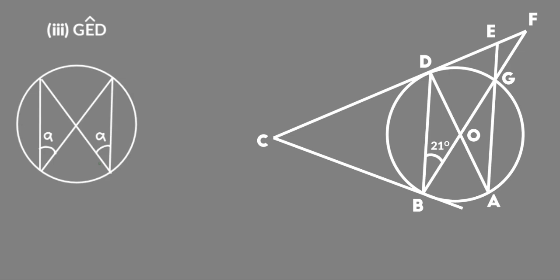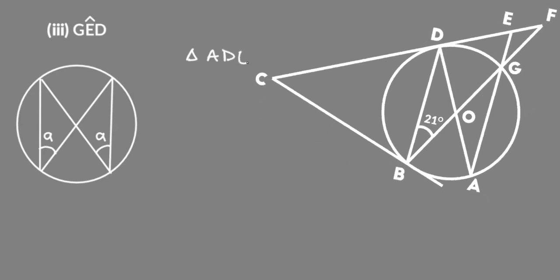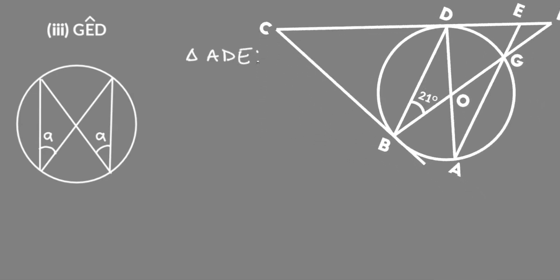So after we note that this is equal to 21 degrees, we're going to be using triangle DAE, or ADE to make it sound a bit better. So we're going to be using triangle ADE. If you look at triangle ADE, it looks something like this.